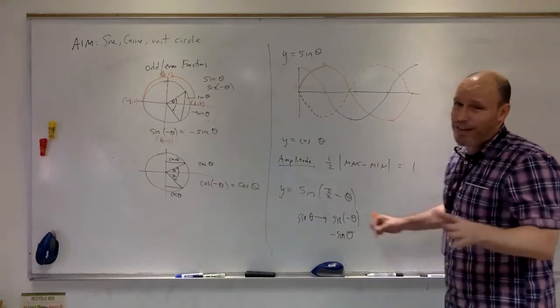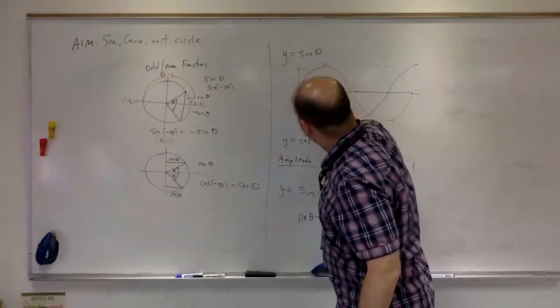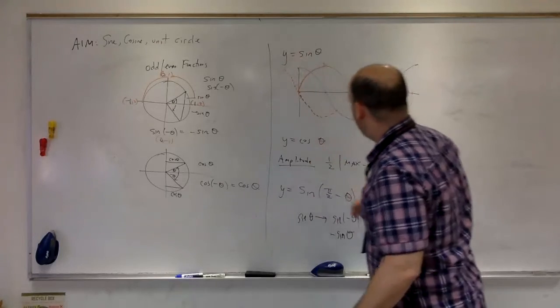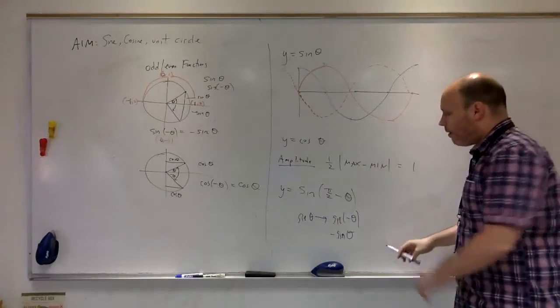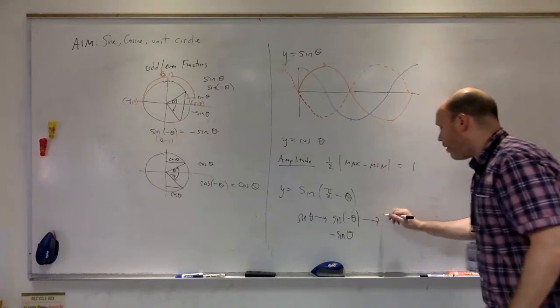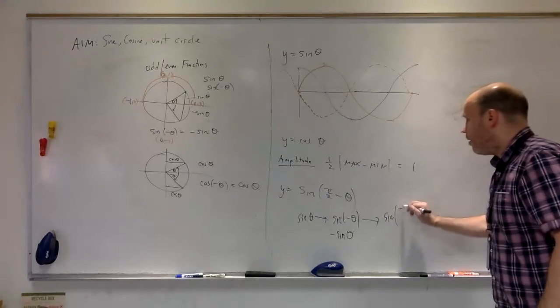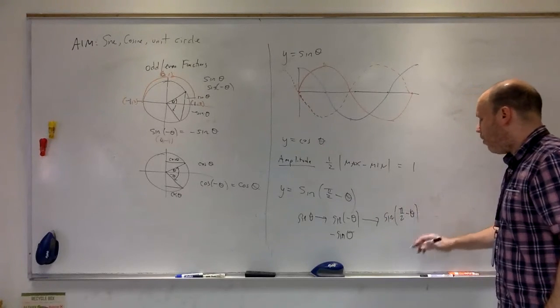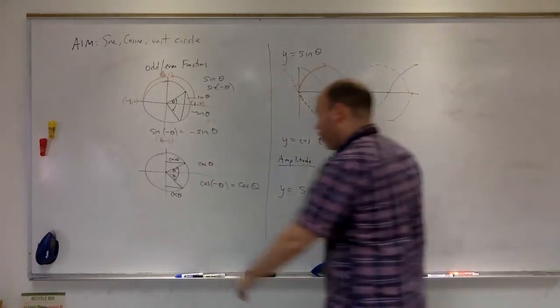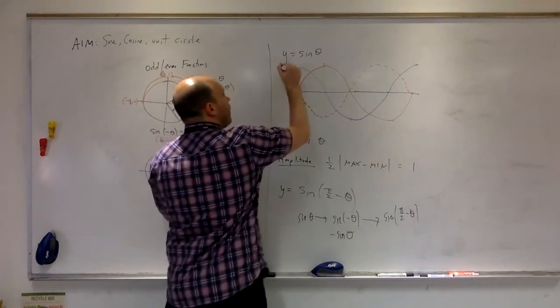Now, I'm going to do something a little interesting here. I'm just going to extend this up a little bit to make a point. Okay, last thing, shift this 90 degrees to the right. If I move everything 90 degrees to the right, you notice something very interesting.